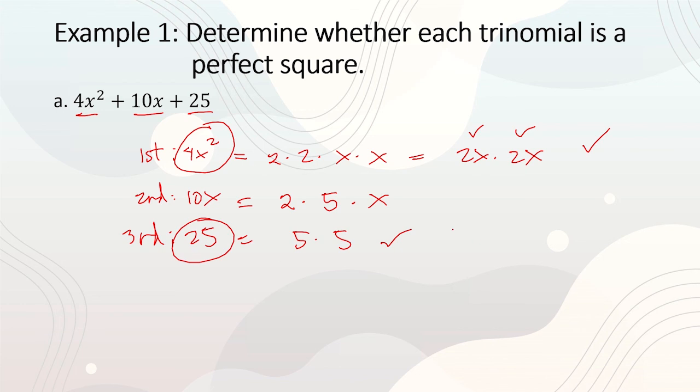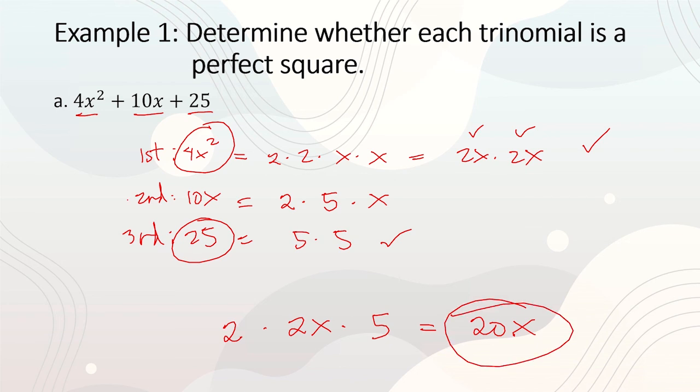So if you notice, 2x times 5, then there must be a 2 also because that's a condition: 2 times the square root of the first term times the square root of the third term. So 2 times 2x is 4x times 5, that's 20x. So notice that in the second term, it's just 10x.